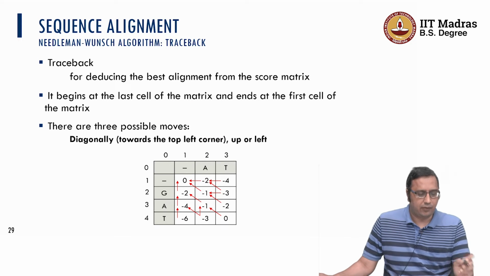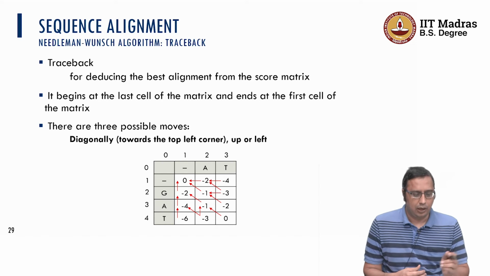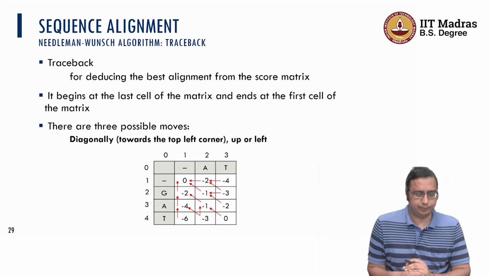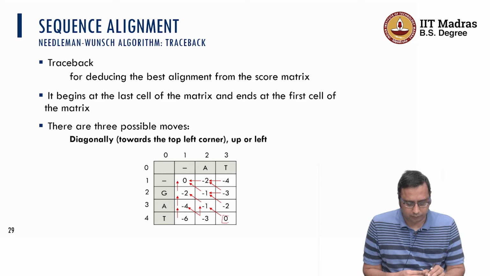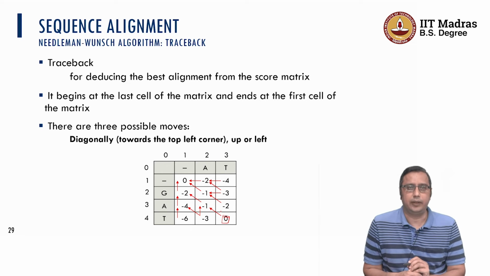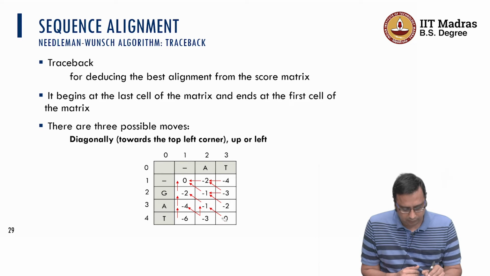So traceback is very much part of the Needleman-Wunsch algorithm, and the idea here is we want to deduce the best alignment from the score matrix. So what we will do is start with the last element of our matrix, which is the last cell of this matrix, which is this one.